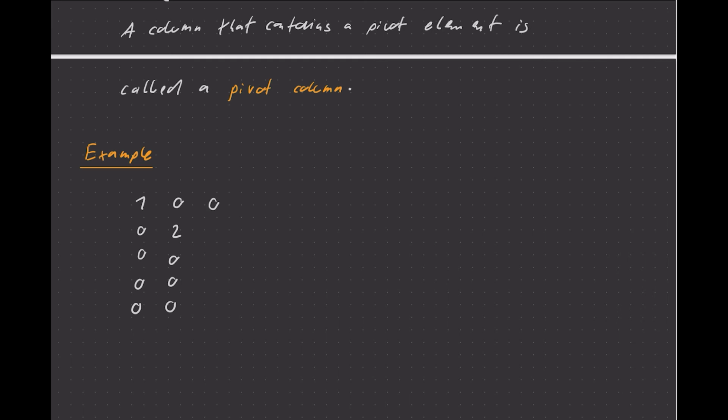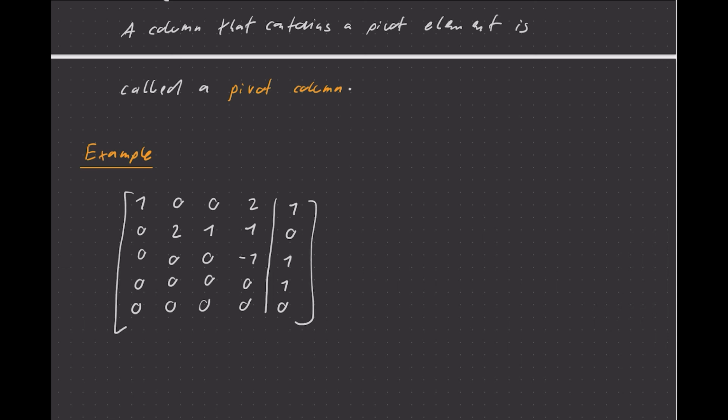We have 0, 1, 0, 0, 0. We have 2, 1, minus 1, zeros. And then we'll have a right-hand side as well. Say it looks like this here. Okay, so this is a tableau for a system of linear equations.